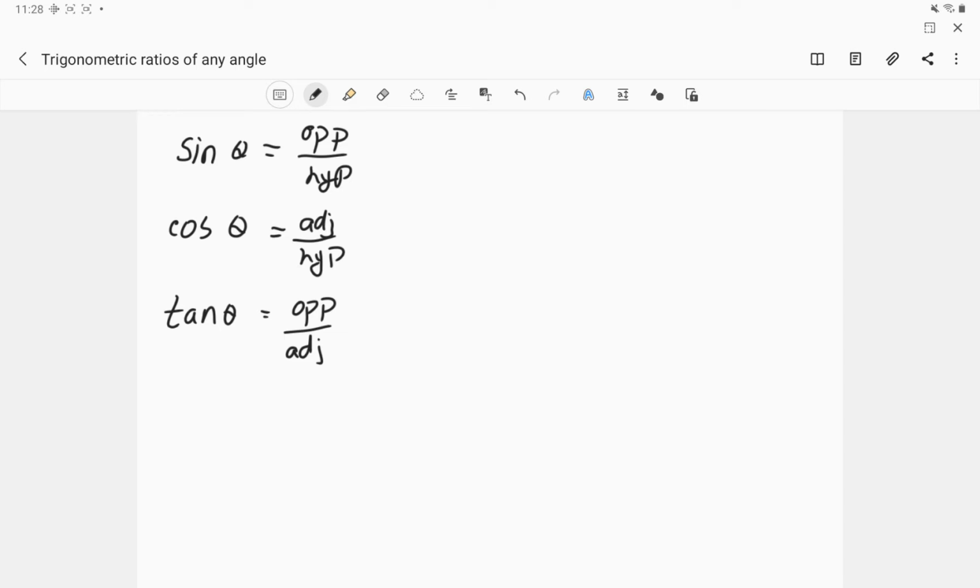The reciprocal of sine is called cosecant, which we shorten to CSC. So cosecant is hypotenuse over opposite.